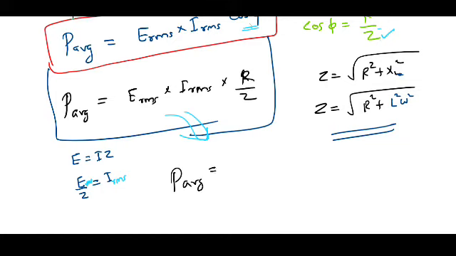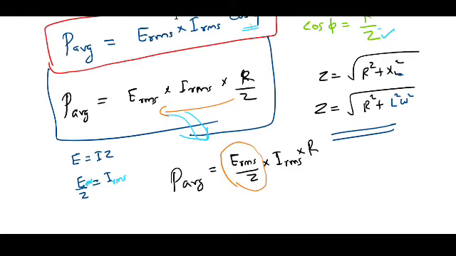P average is equal to ERMS by Z into IRMS into R, then this ERMS by Z is nothing but IRMS.